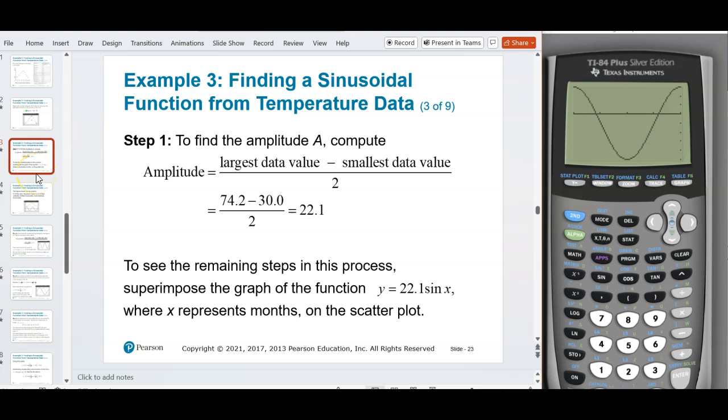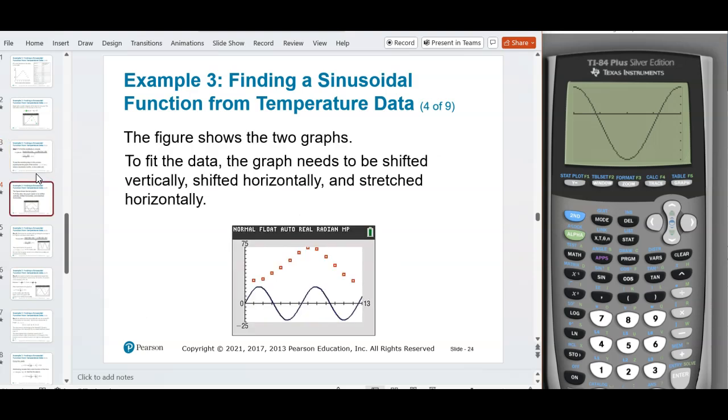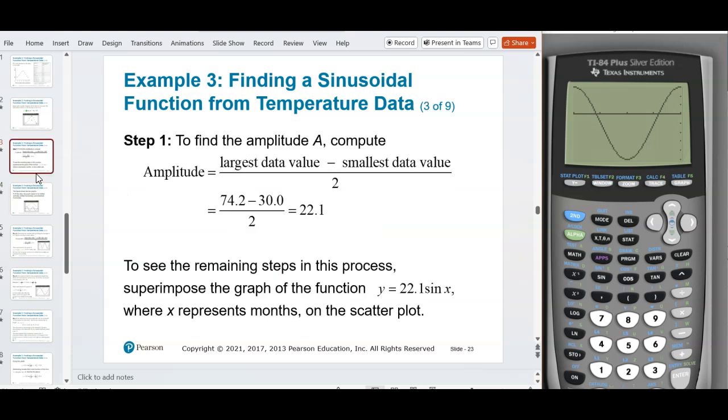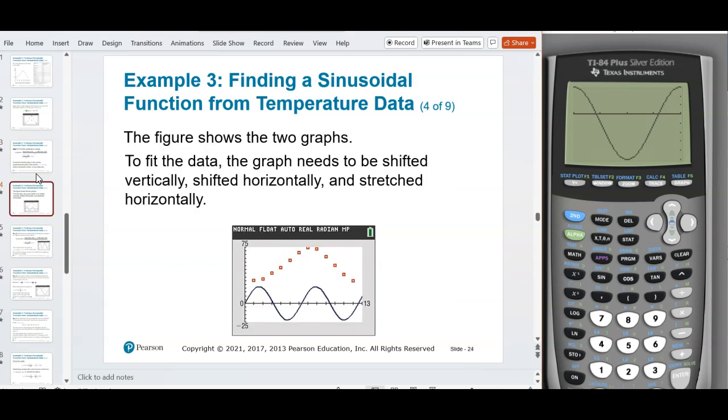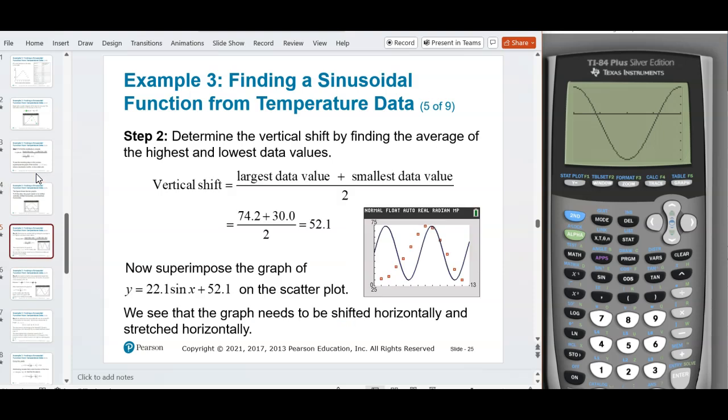Now, the next thing we want to do is find that vertical shift. So you can see that right now we have an amplitude, okay, we're covering the top and the bottom, okay, but we need to fix the period, we need to fix the midline, we still got a lot of work to do. So the next thing we're going to do is find the midline, and the midline we can find by, instead of subtracting largest minus smallest, we add them together and divide by 2.